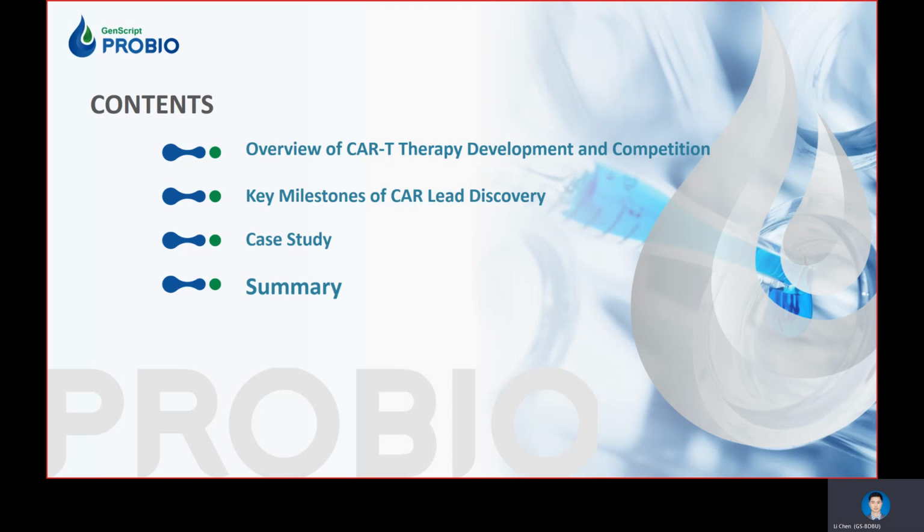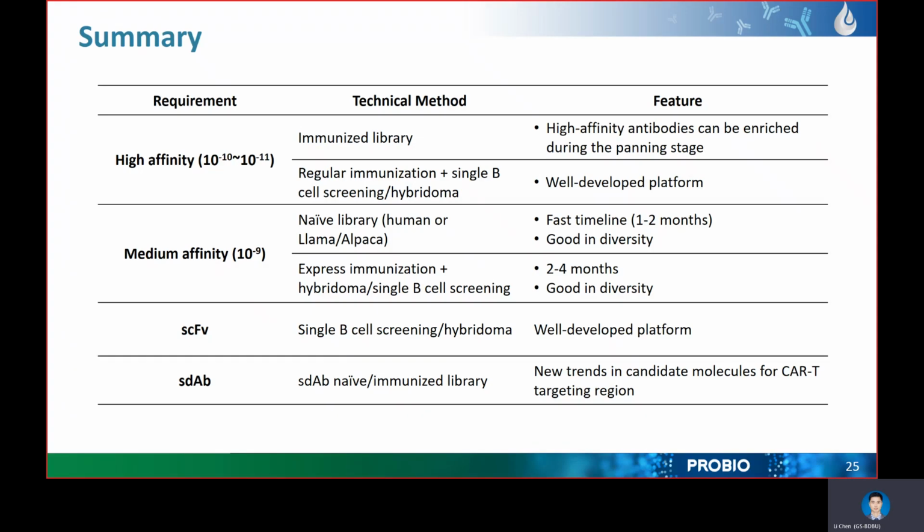Now, for the last part, let's have a quick summary of typical strategy for CAR lead discovery. If high affinity is necessary, immunization-based approach is recommended, either by a well-developed platform like phage library or hybridoma, or a new technology with shorter timeline like single B-cell screening.